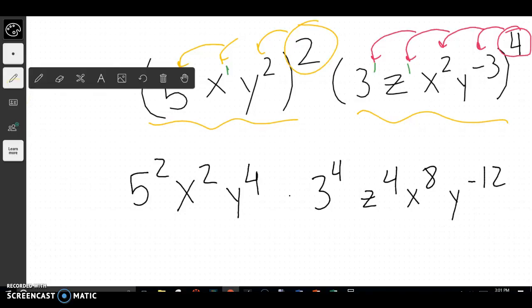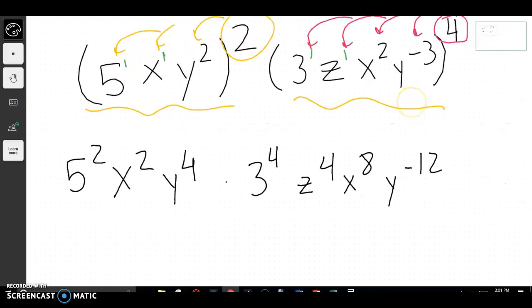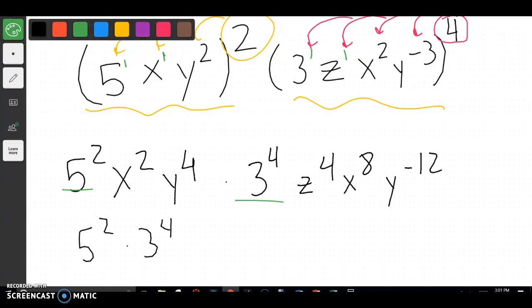Again, the next step, just like always, is to combine these like terms. So we're going to have 5 to the 2nd times 3 to the 4th, and that gets our numbers together. Now we would like to get the x's together.